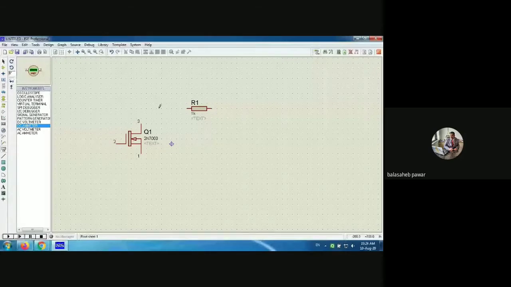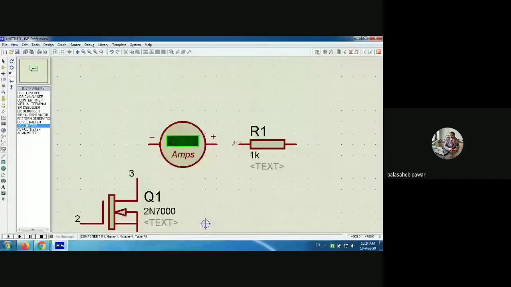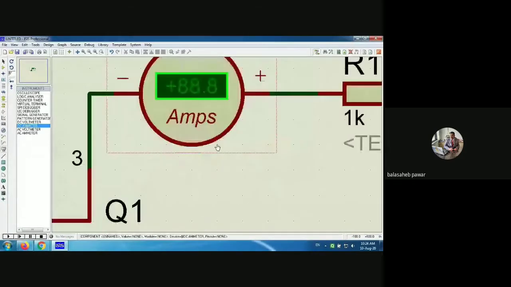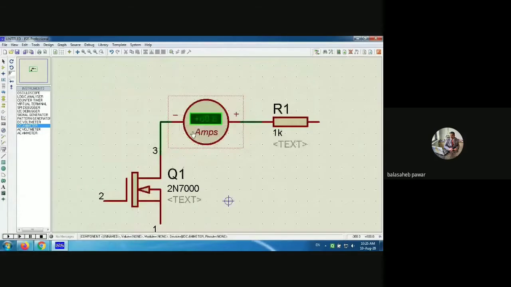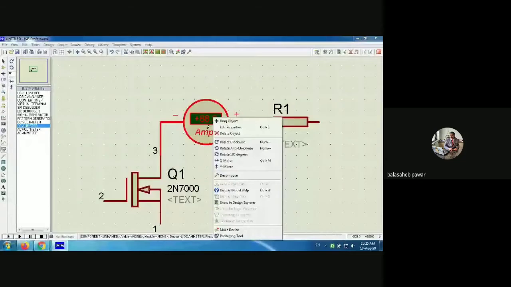The only care you have to take is about its polarity. As the current will flow like this, the positive terminal of the current meter should be towards the resistor, and just connect these two terminals. By default, the current meter will be in ampere range, but we know the current flowing through this transistor will be of milliamp, so I will change its properties.